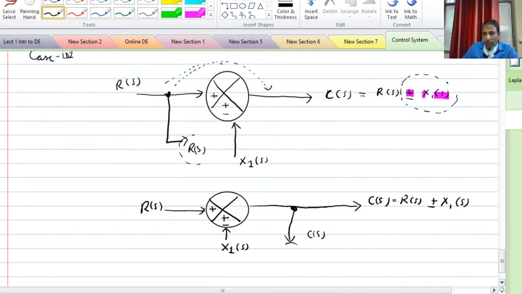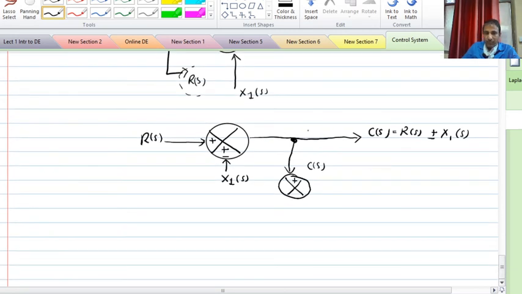So we need to add a summing box here with plus sign, and additionally we have to add a signal with minus plus, because here it is plus minus, so we have to revert the symbols, sorry, its polarity.